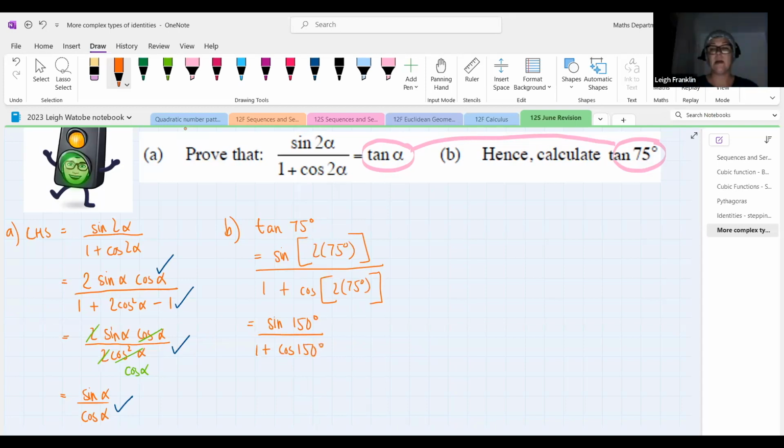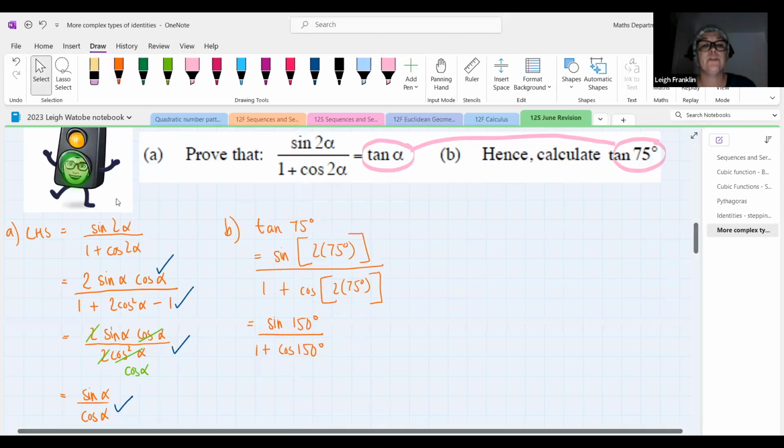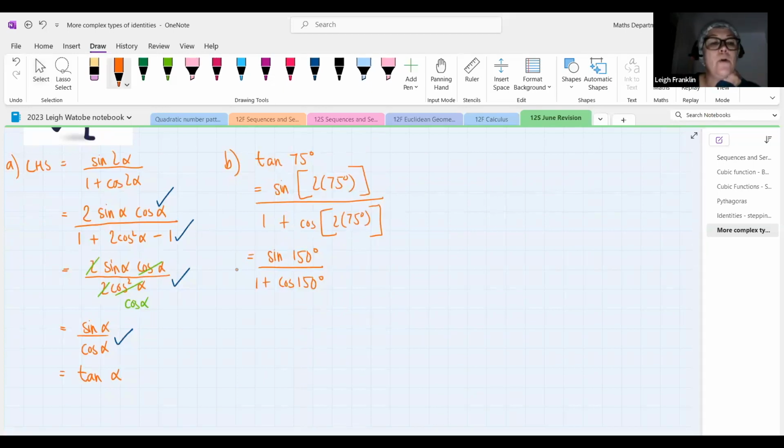Now we have to use our grade 11 reduction formulae. Okay, so we know that sine 150 would reduce to sine 30, and 1 plus cos 150. It's an obtuse angle in the second quadrant where cos theta is negative.